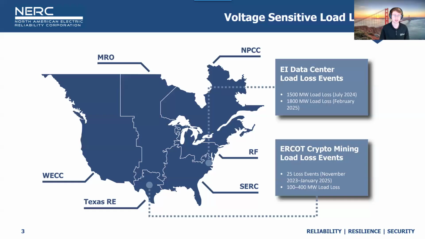And then additionally in ERCOT, due to various faults, three-phase or single-phase, we see varying amounts of large load loss. So there's already large events happening, and it's reminiscent of the IBR, as Eric said. We had a lot of loss events with IBRs, and eventually we were able to analyze each of those and make new determinations of best practices, and I think that's what we're looking to do here.